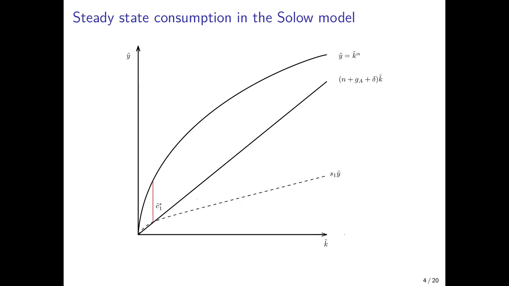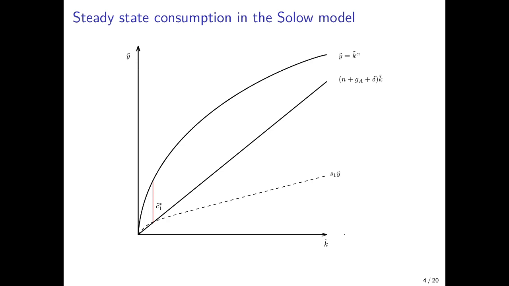Now, for a low saving rate, say s1, we have an intersection between the gross investment curve, so that's s times y tilde, and capital depreciation and dilution at a comparatively low level of capital per unit of effective labor. And we can read off consumption per unit of effective labor at the steady state as the difference between the two curves, the output and gross investment.